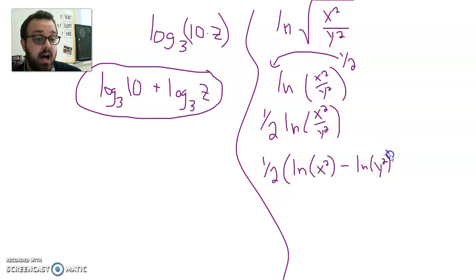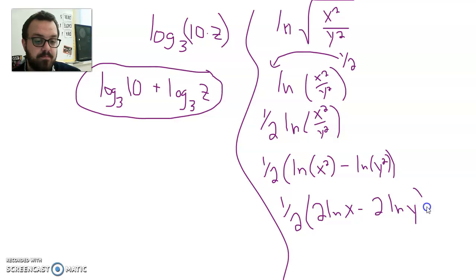Again, I'm applying my logarithm properties. I got rid of this 1/2, moved it out front, and rewrote this like this. And now I can say, oh, look, I have more exponents. Again, exponents can come out front. So this can be 2 natural log of x minus 2 natural log of y.